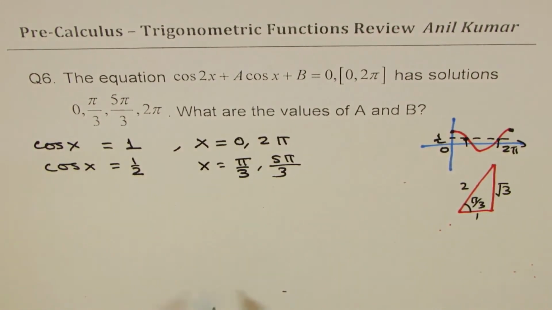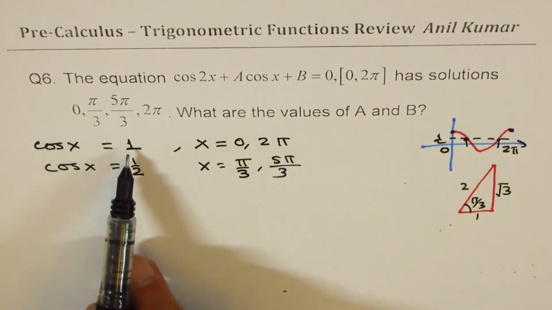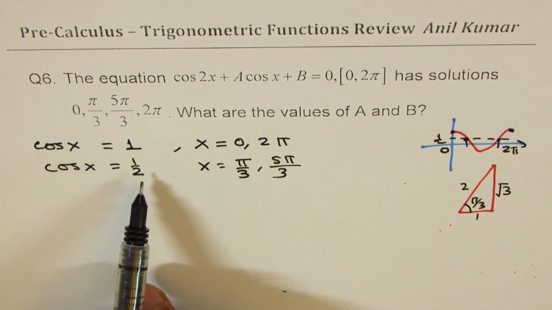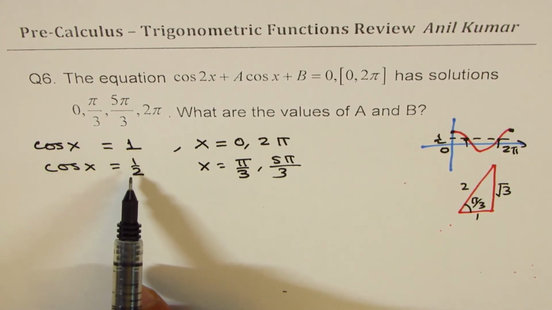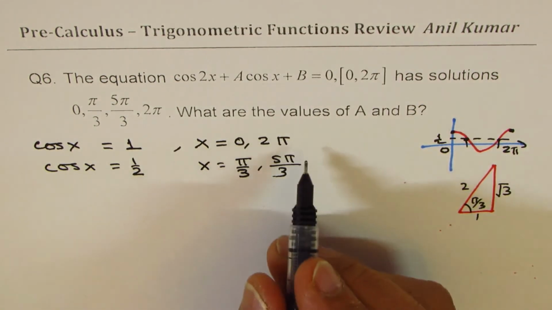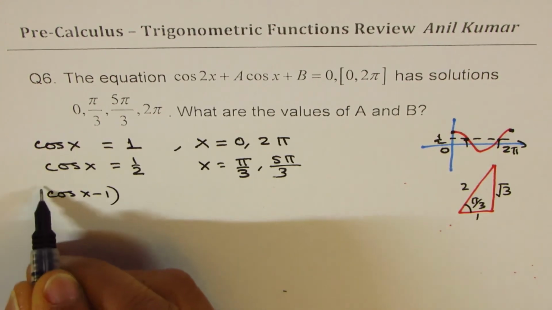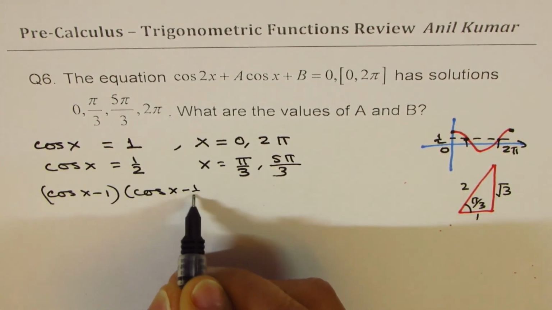Okay, so basically means we have a quadratic equation whose solution is cos x equals to 1 and cos x equals to half, right? So that is the solution of a quadratic equation. Therefore, what should be the equation, right? What should be the equation? Equation should be cos x minus 1 times cos x minus half.